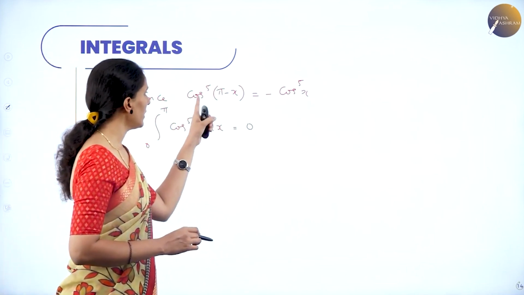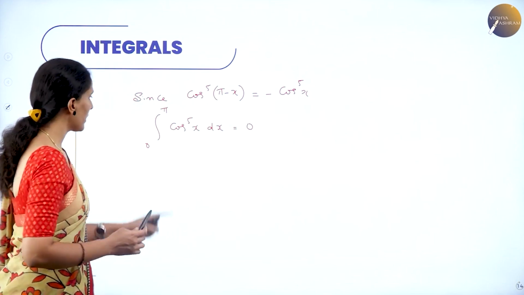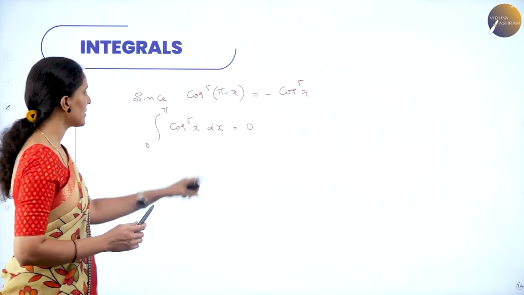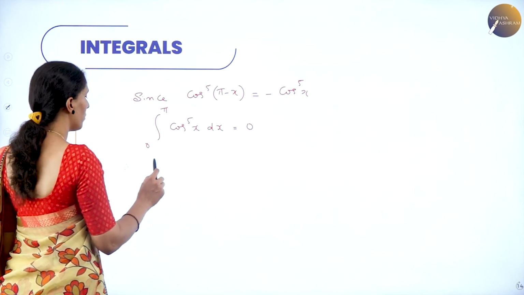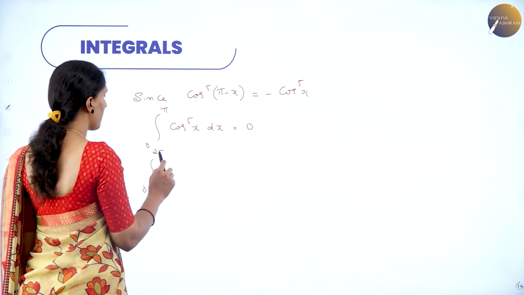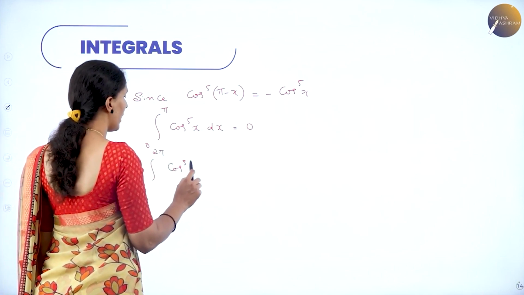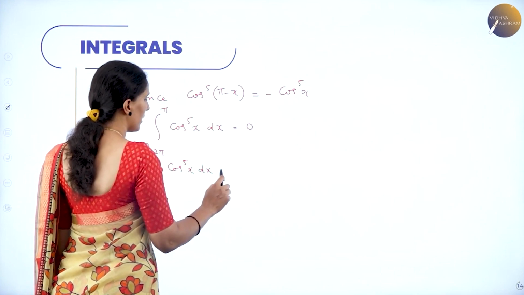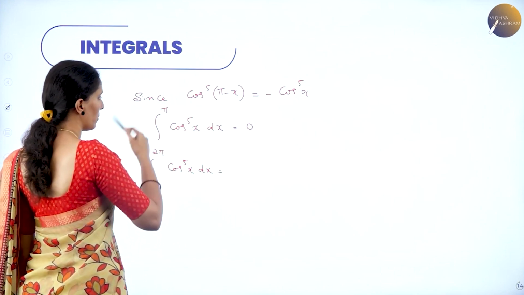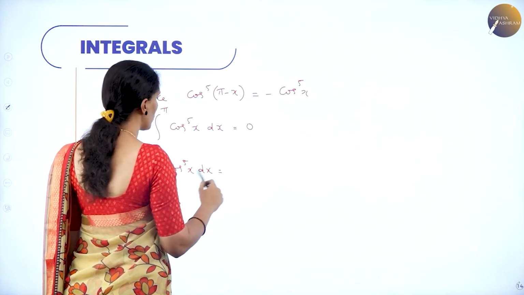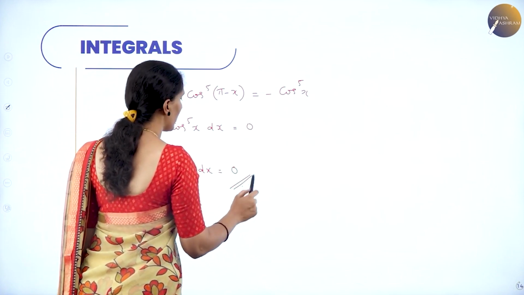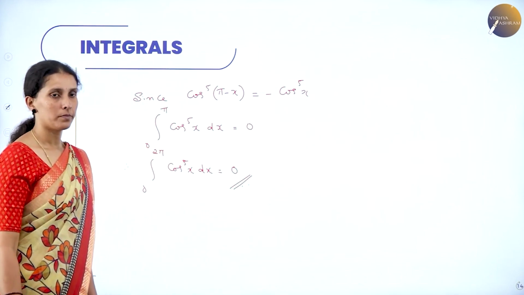Here you are getting f of pi minus x as minus f of x, and this is negative, and hence this integral is 0. So therefore the integral 0 to 2 pi of cos power 5 x dx is 2 times the integral 0 to pi. Since this is 0, 2 times 0 is also 0. Hence the value of the given integral is 0.